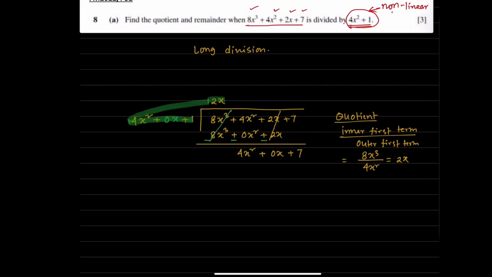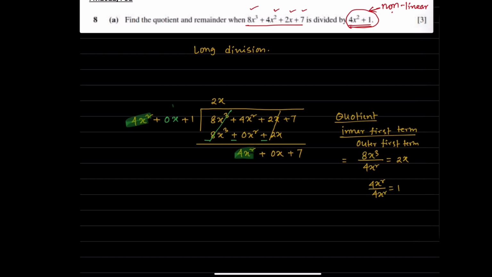Okay, so the first step is done, and now we repeat the process. In the second case, again, inner first term and outer first term. Our inner first term now is 4x square, and our outer first term is also 4x square. So our second quotient is 4x square divided by 4x square, which is 1.